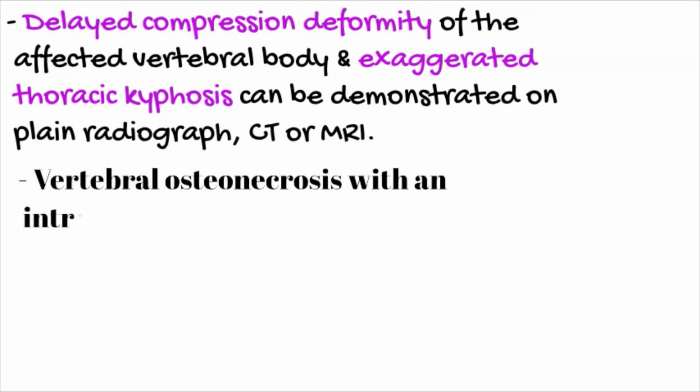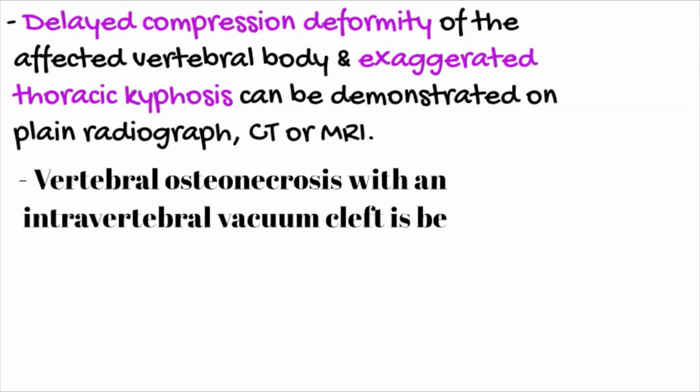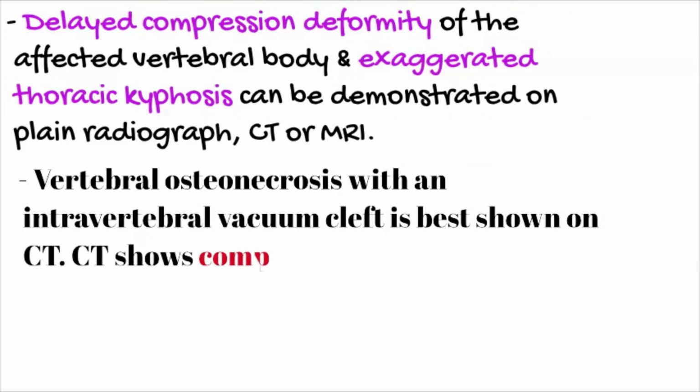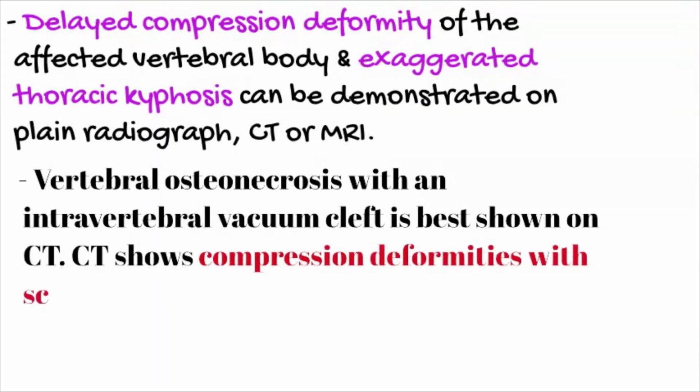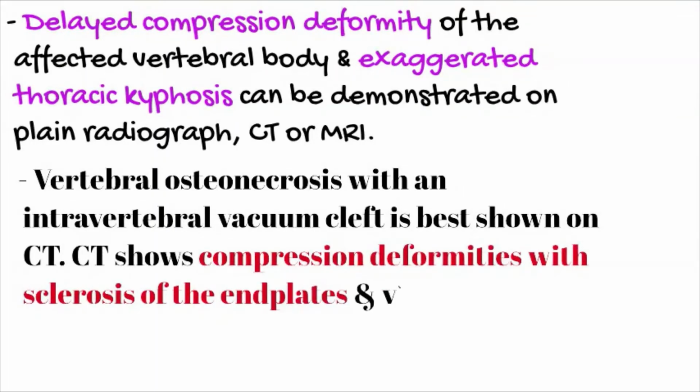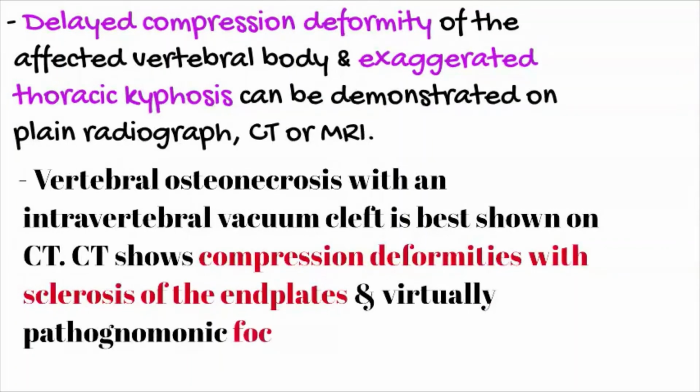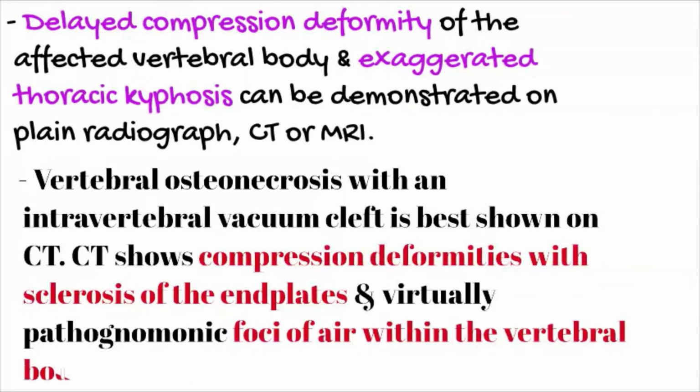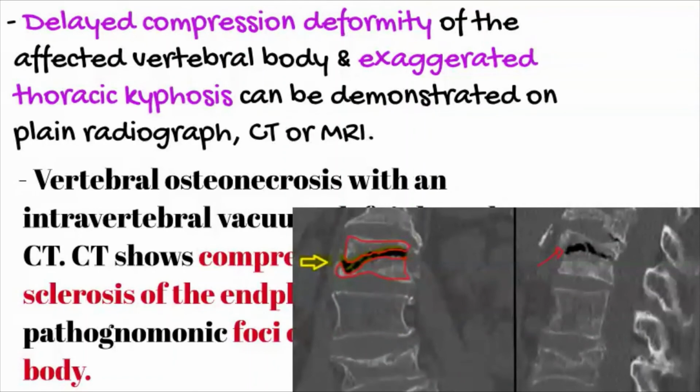Vertebral osteonecrosis with an intravertebral vacuum cleft is best shown on CT. CT scan shows compression deformities with sclerosis of the end plates and virtually pathognomonic foci of air within the vertebral body. This CT scan coronal and sagittal view shows foci of air within the vertebral body.